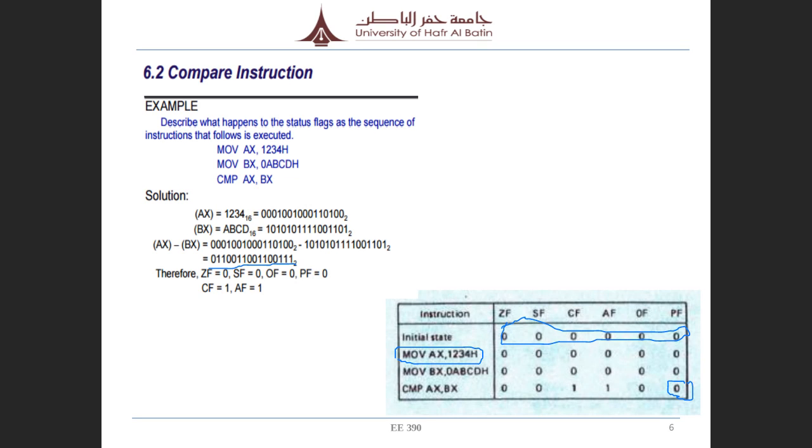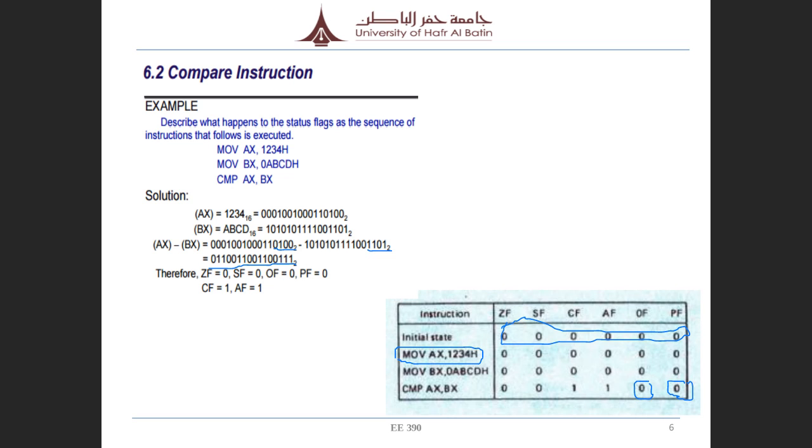All right. What about the overflow flag? Because here there is no negative number, one is 1 2 3 4, one is abcd, you can directly say the overflow flag is 0. Now about the auxiliary flag. Look at the lower nibble. This is 1 1 0 1, and here it is 0 1 0 0.